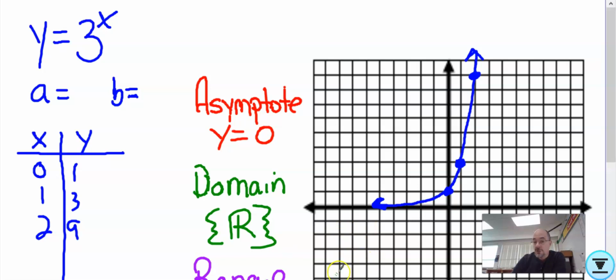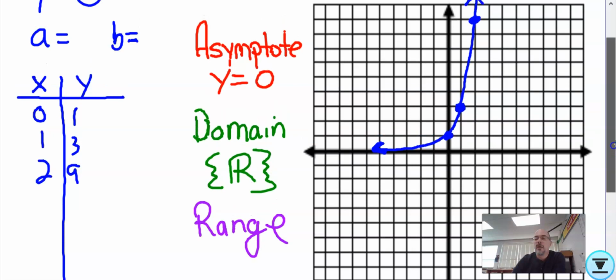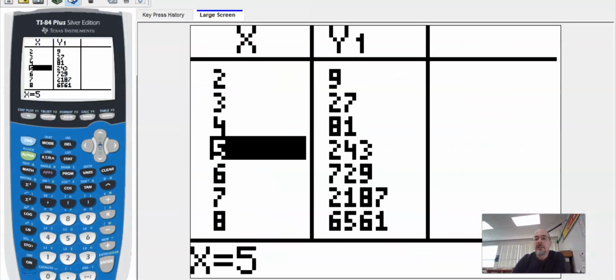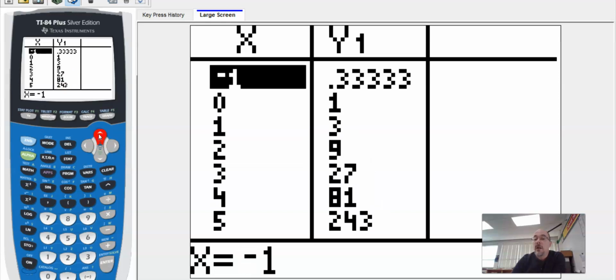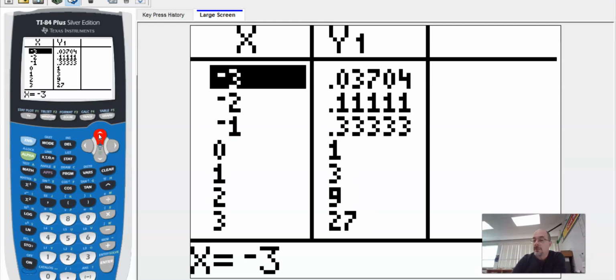But the range values, again, we have an asymptote. That's a horizontal asymptote, the line that it cannot cross, and it's at y equals 0. When I look at the calculator and my y values, I notice 0.333 and then 0.111, getting smaller and smaller.